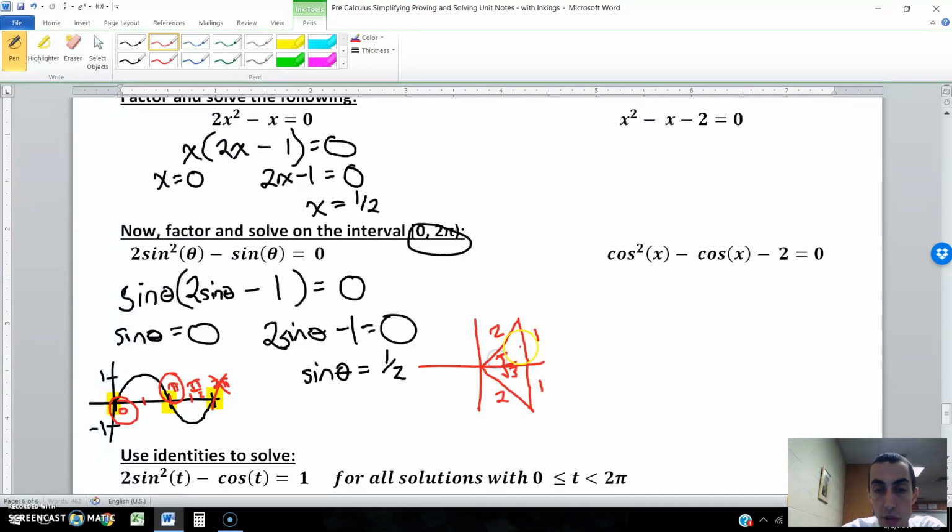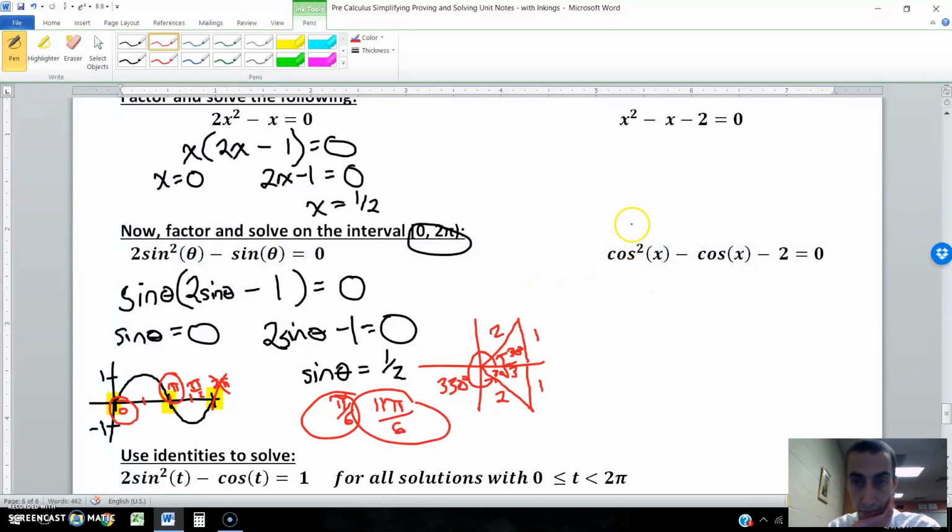And the angles that generate this are a 30-degree angle and a 330-degree angle, because that's a 30-degree angle in there. In radians, those are pi over 6 and 11 pi over 6. And so there's 4 different solutions for this equation right here.